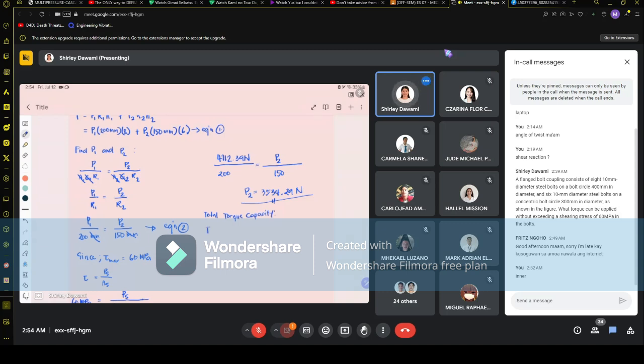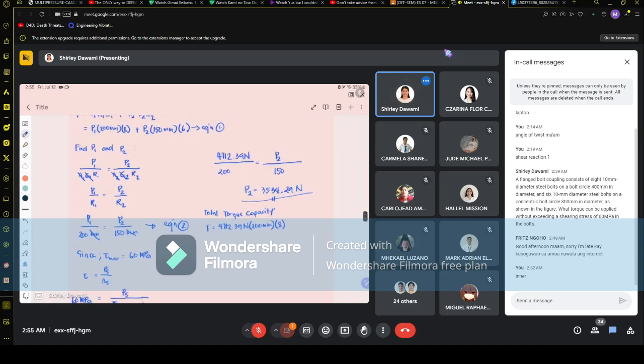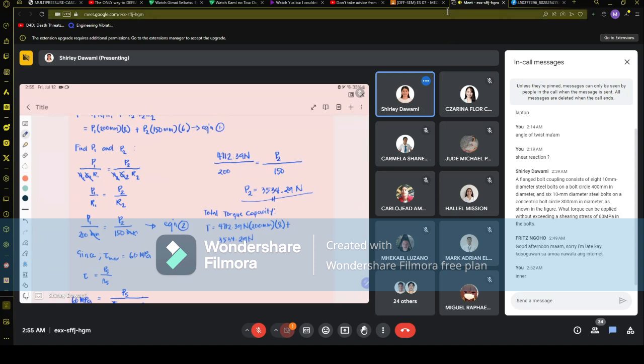So that is P1, 4712.39 Newton, times 200 mm, the radius, times the number of bolts, plus 3534.29 Newton times 150 times 6.